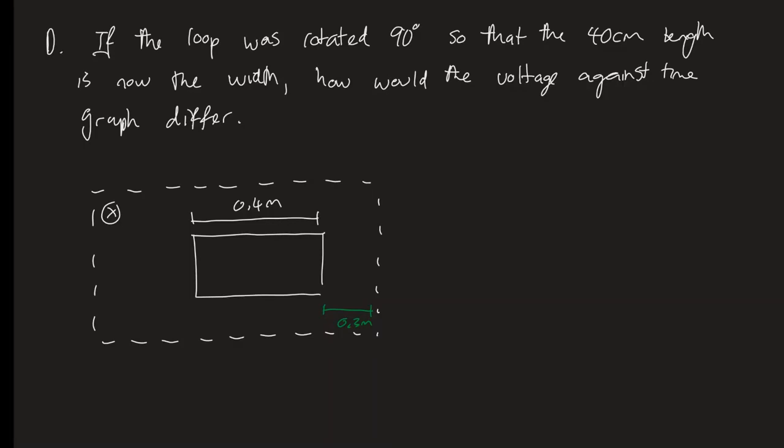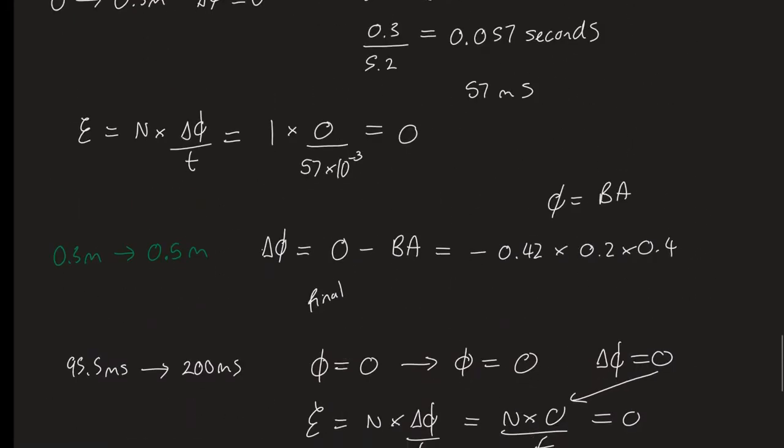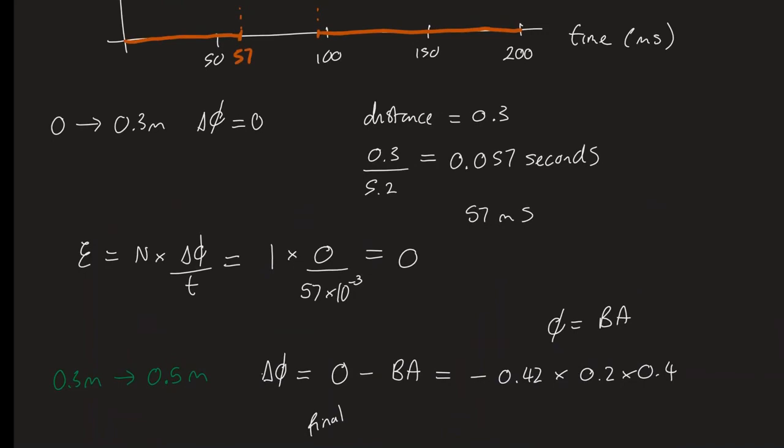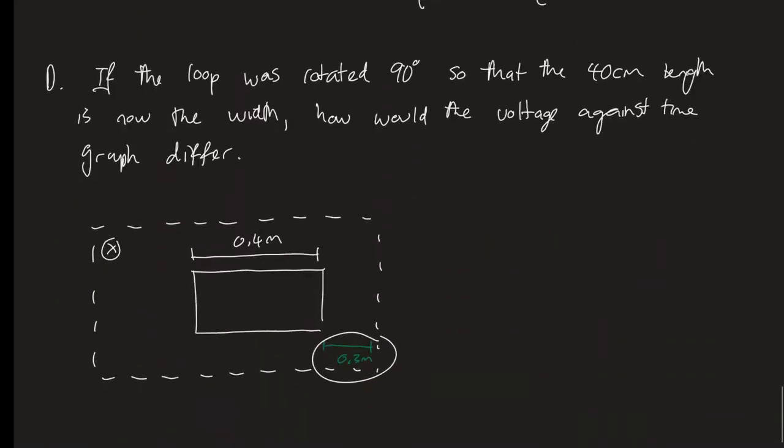The loop still moves at the same speed, so it's going to take the same amount of time to cover that 0.3 meter distance. As we calculated up here, it's still going to take 57 milliseconds to do that.